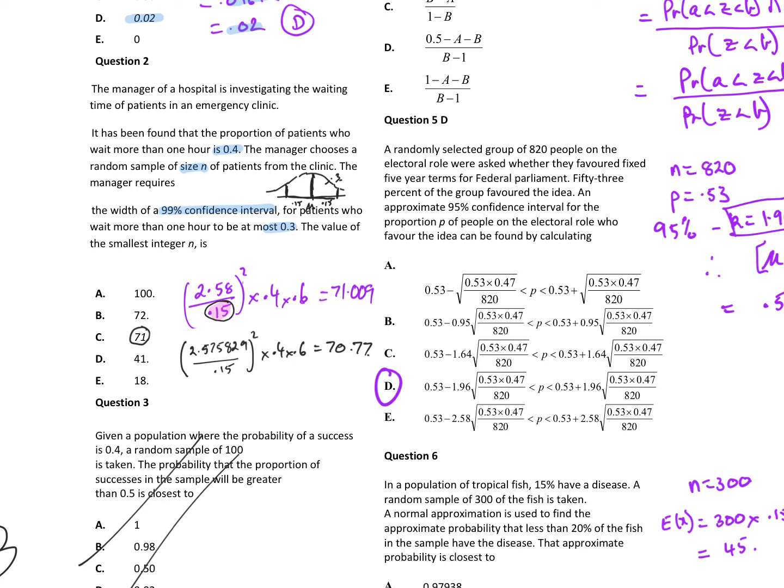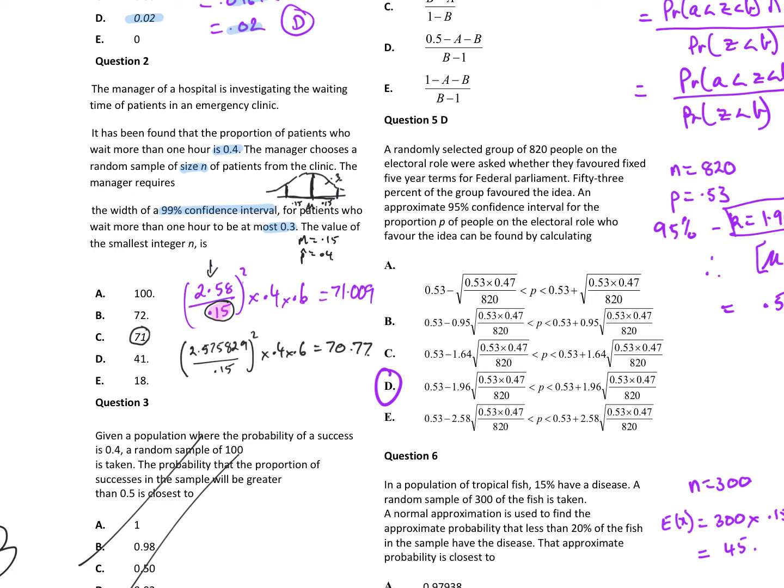So M is equal to 0.15. What else do we know? I know that my P hat is equal to 0.4.